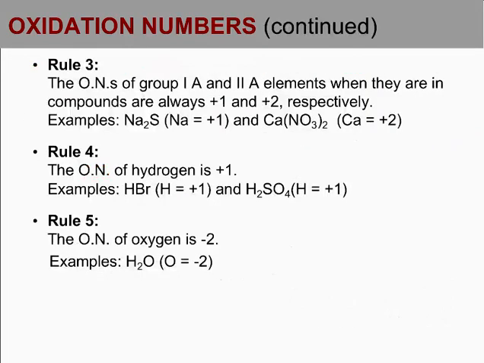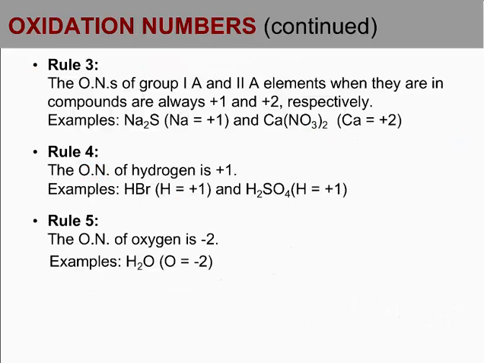Okay, rule number 3. We're going to say that the oxidation numbers of group 1A and 2A elements, when they are in compounds, are always +1 and +2 respectively. So as an example, let's say we have sodium sulfide, Na2S.